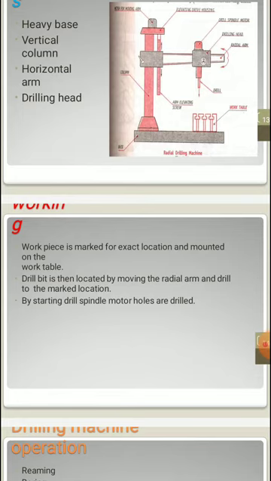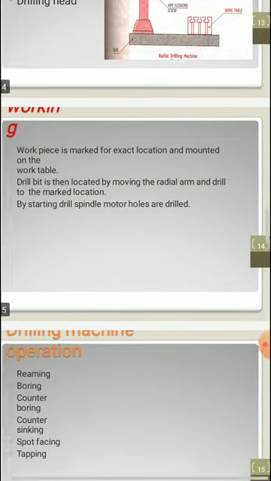We can swivel the arm, move it, and accordingly adjust the drill to perform drilling operations on the marked location. By starting the drill spindle motor, the holes are drilled. It has a separate motor for the spindle, so by starting that, we give power to the spindle and the operations are performed.